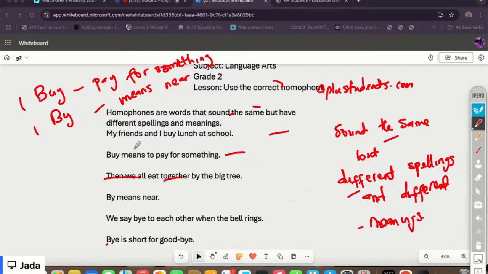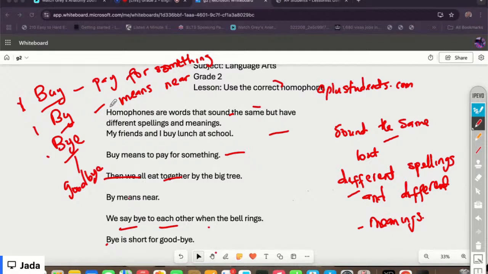So the next one, we say bye to each other when the bell rings. So look at all these. Buy, by, bye. They all sound the same, but they have different meanings. This one means goodbye. So the short form of goodbye, you see bye. So we have bye, by, buy.